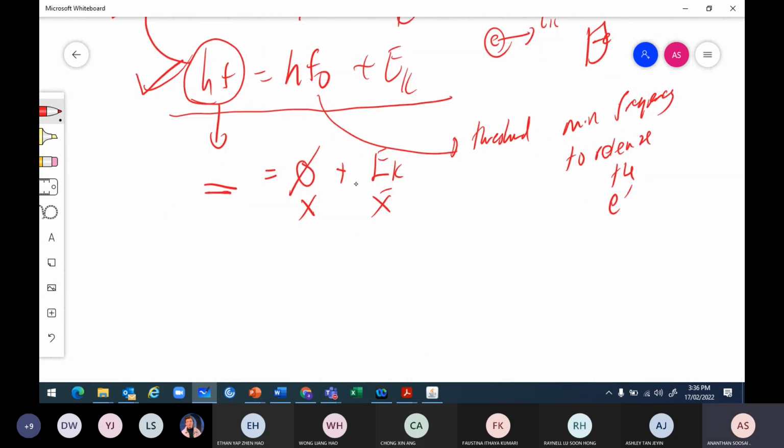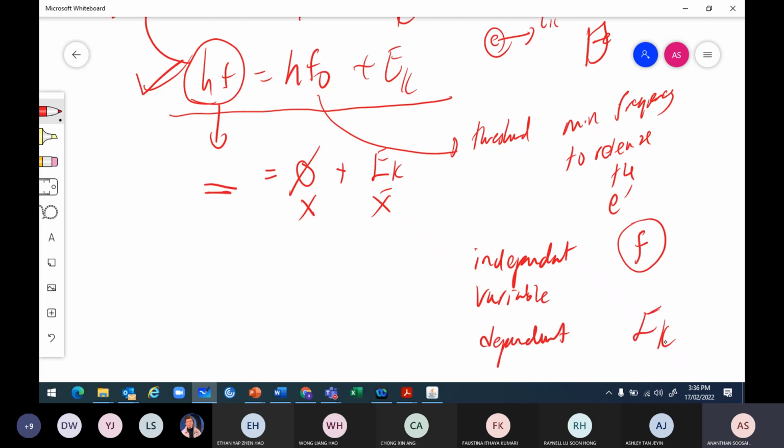So how to prove the equation? Because you don't have data. hf can be found using a red light. So here I can say the independent variable you should select is the frequency, and the dependent variable should be the kinetic energy.